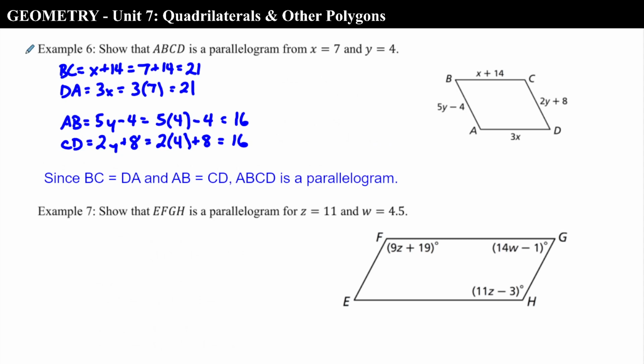In example 7, we want to show that we have a parallelogram for these values. Well, we have one angle, which is G, and it neighbors these two angles. So we know that these two have to be supplementary and these two have to be supplementary. So let's test those out.